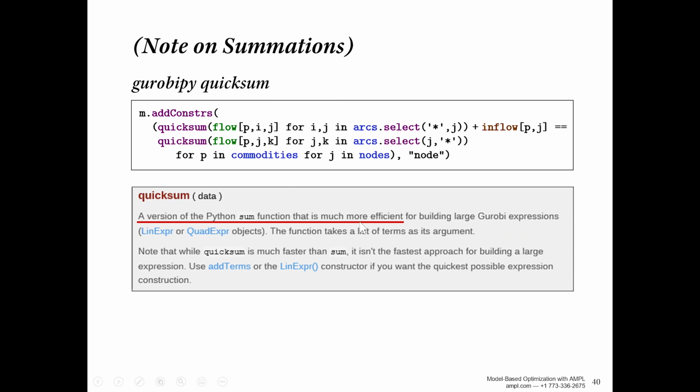So the problem is that the sum function in Python is not really so fast for large numbers of constraints. So they implemented something that would be faster. And even that isn't the fastest approach. And they say you should do it another way if you need a really fast expression construction.